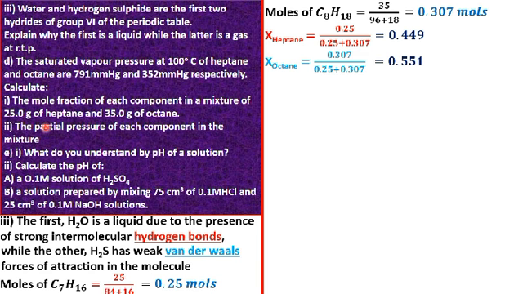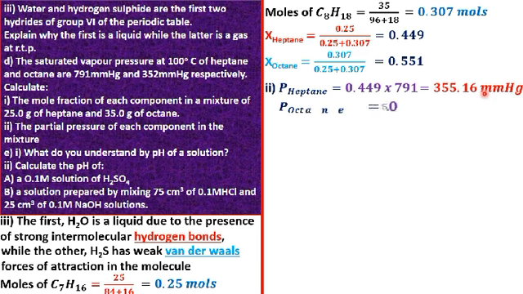Roman 2 wants us to get the partial pressure of each component in the mixture. The partial pressure of the first one, heptane, is given as the mole fraction of heptane times its saturated vapor pressure, which is 791. If we do that, we have an answer of 355.16 millimeters mercury.